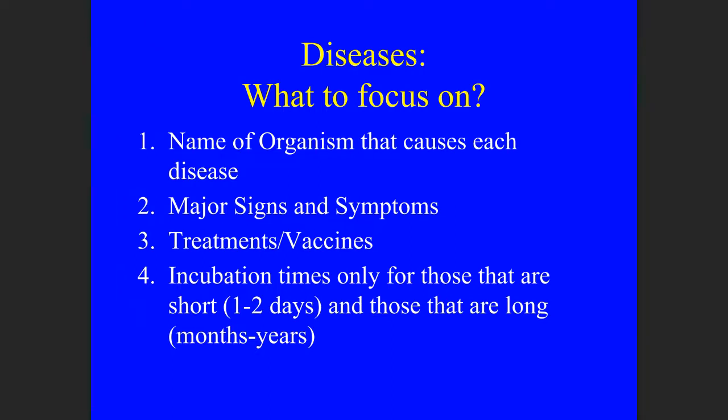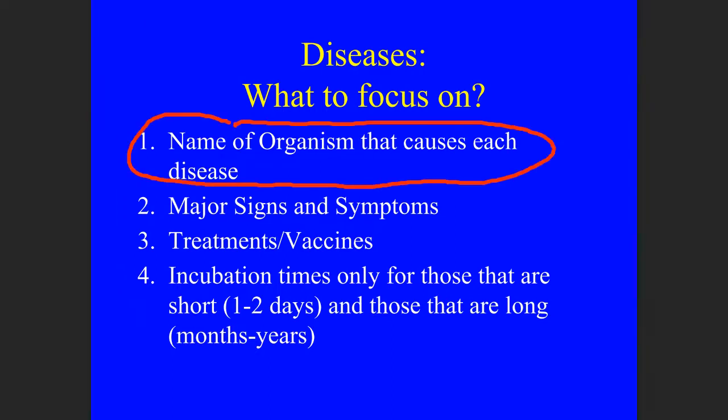A lot of the diseases that we're going to talk about are caused by the bacteria on your bacteria list or the viruses on your virus list, and even some of the fungal organisms and protozoans that you had to learn. So if you have a good handle on those organisms that you've been learning the entire semester, you've basically got about 50% of what you need to know already done for these sections.